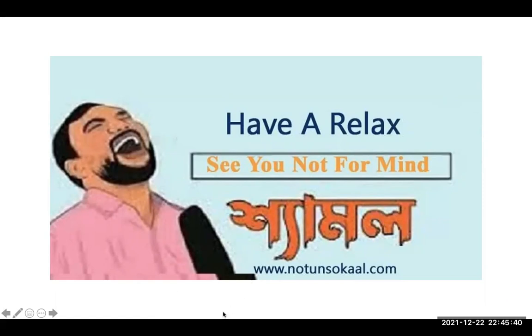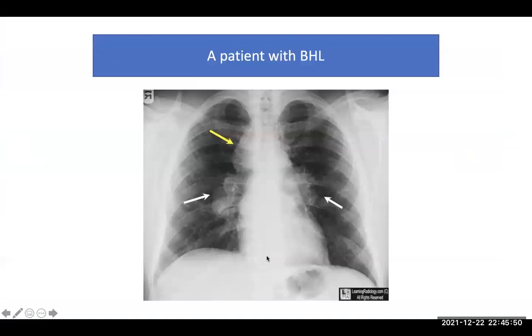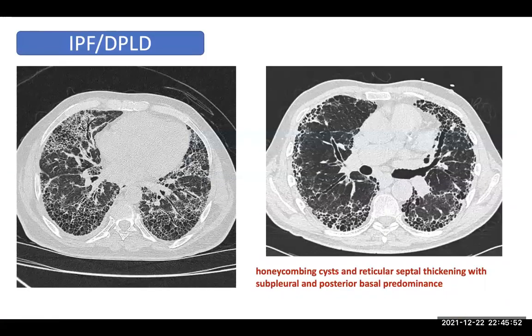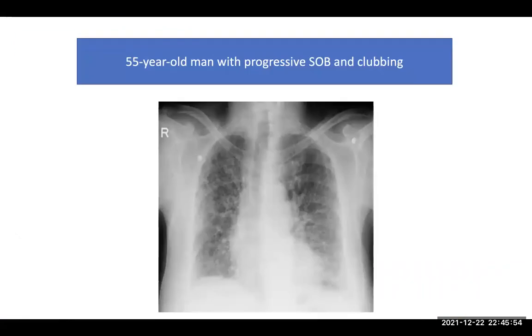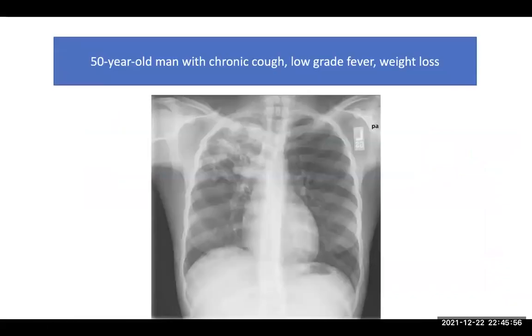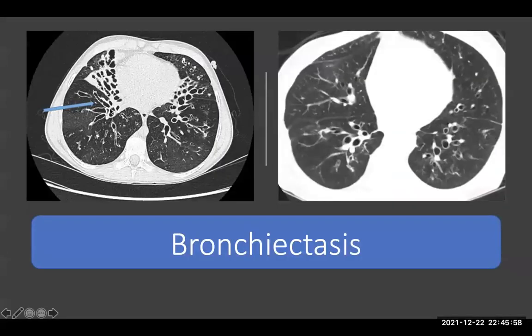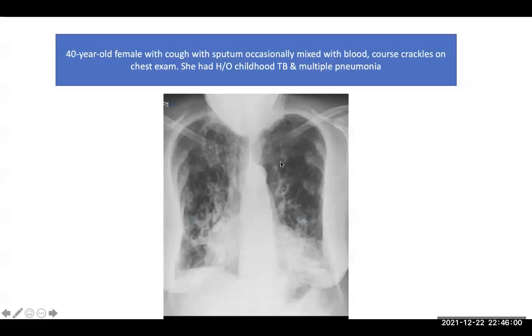Okay. In bronchiectasis, signet ring. Can you please explain once more? Okay. In case of bronchiectasis, from the chest X-ray the findings are not very clear, so we have to do an HRCT for this patient.